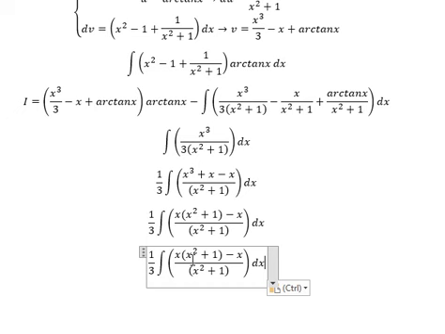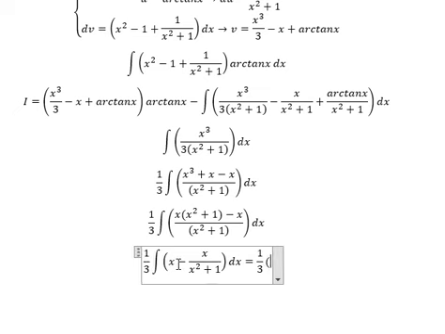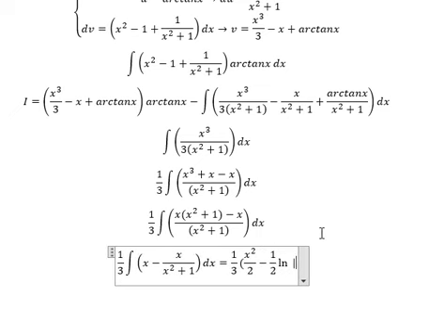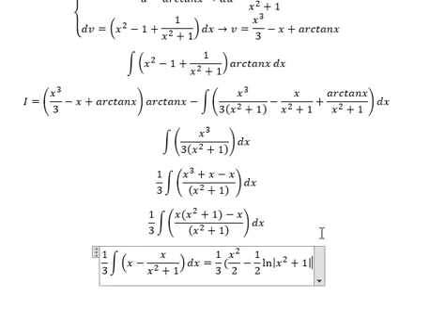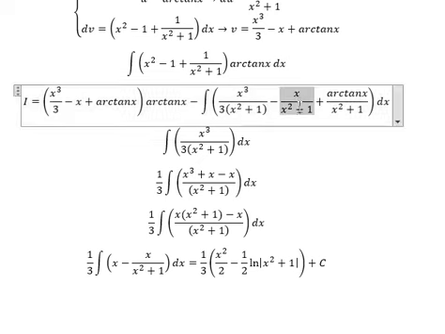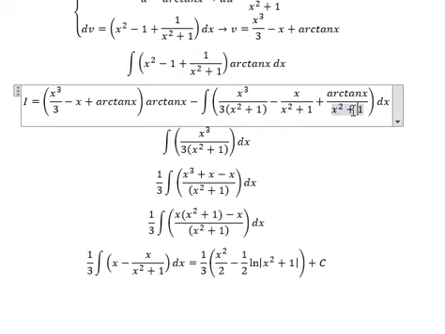This one divided by this one, we have 1, so we still have s. The integration of s is s squared over 2. The next one is 1 over 2 ln of the absolute value of s squared plus 1. We know that this integration is similar to this integration. And the last one.